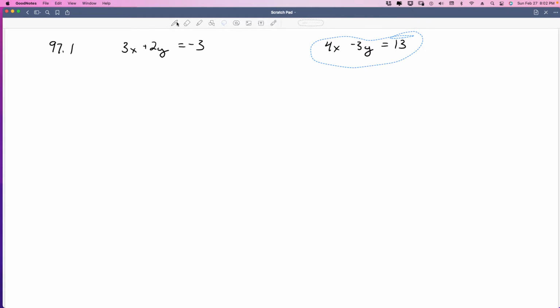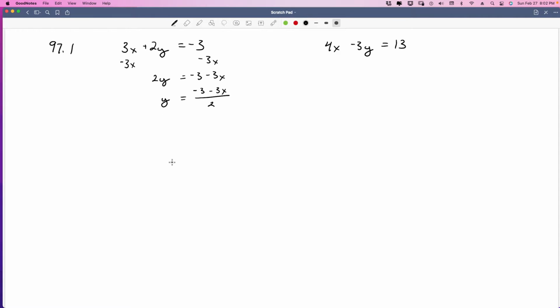So I'm going to move this over here, and we're going to find a substitution value for y from this first equation. So I'm going to subtract 3x from both sides. That leaves 2y is equal to negative 3 minus 3x. I'm going to divide both sides by 2, which leaves negative 3 minus 3x all over 2.